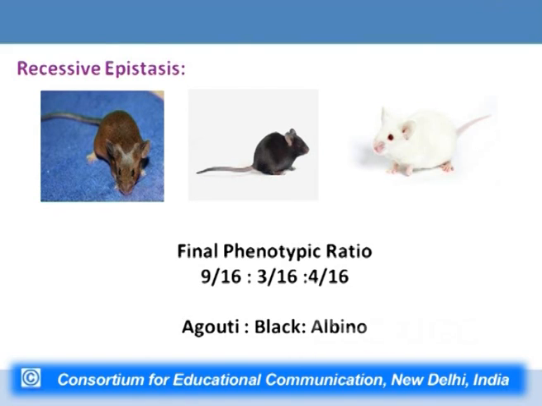Agouti, black and albino individuals are formed in the ratio of 9:3:4. These are represented in a ratio of 16, which shows that though there are only 3 phenotypes, this is a dihybrid cross which has become modified because of a specific interaction known as recessive epistatic interaction.